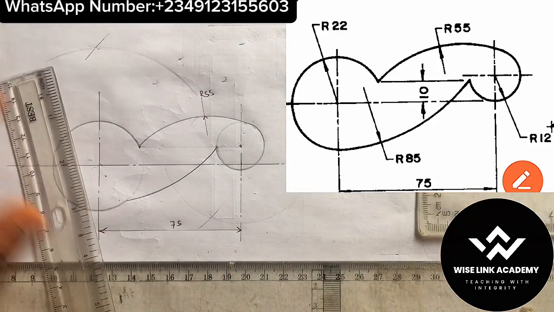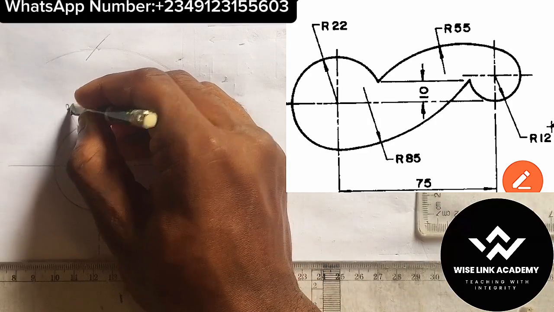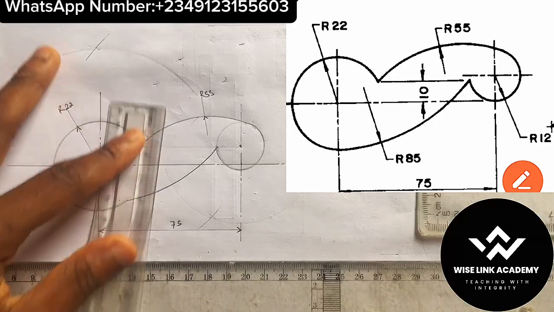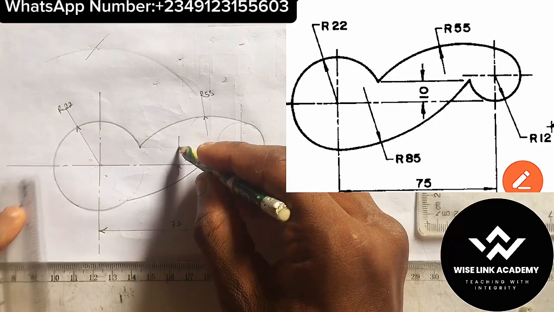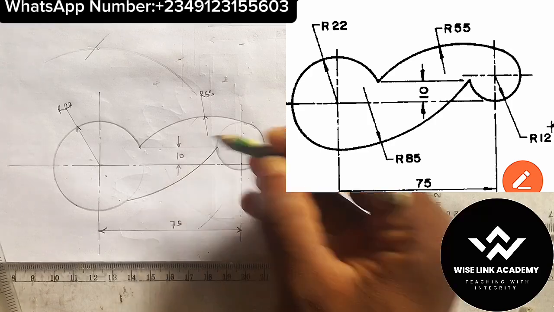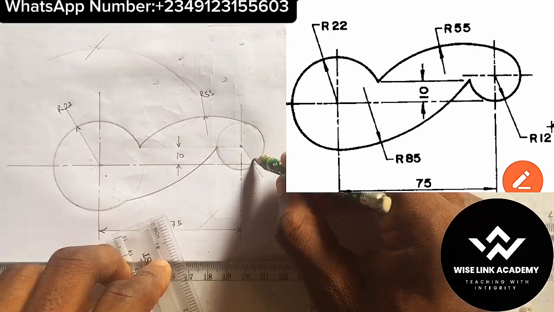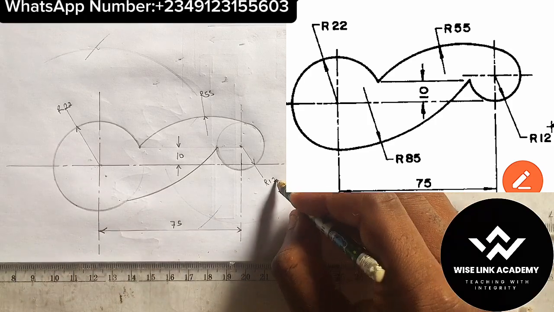Next procedure, here is given as R22. That is the radius of 22. The distance from here to here is given as 10. Finally, this circle here is given as R12. So I have R12 here.